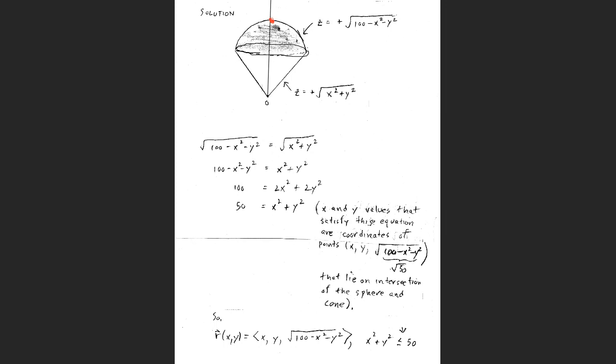What's phi equal to? Phi is measured from the positive z-axis. Yeah, phi equals 0.